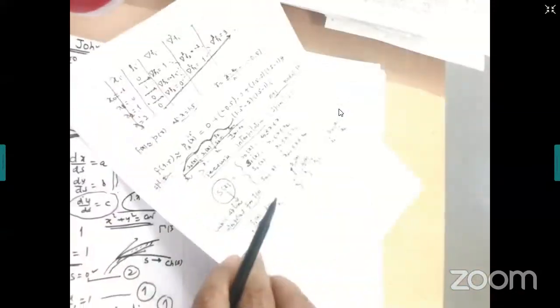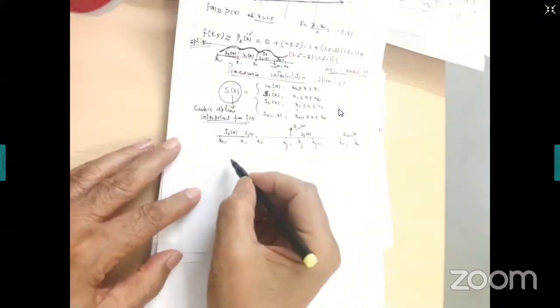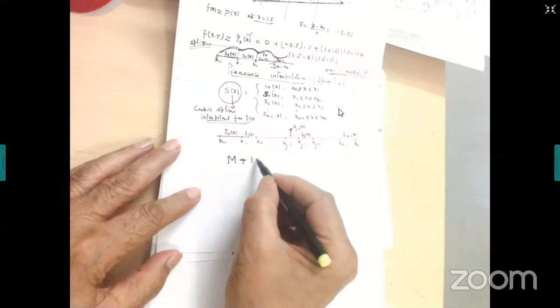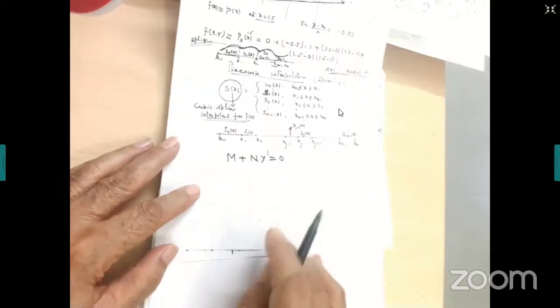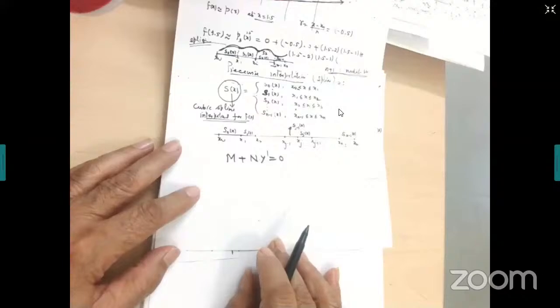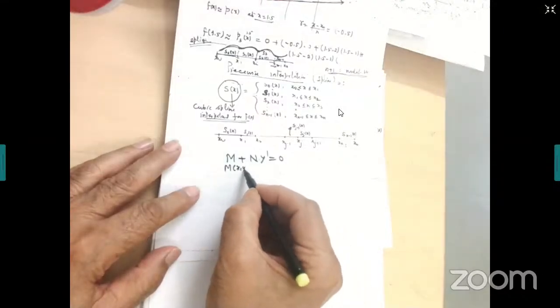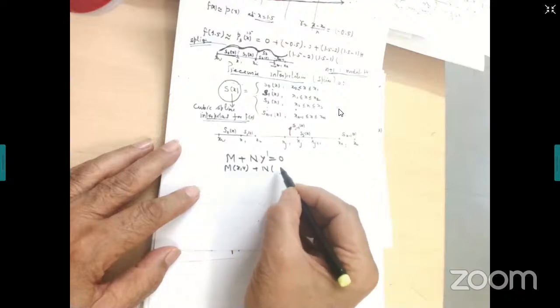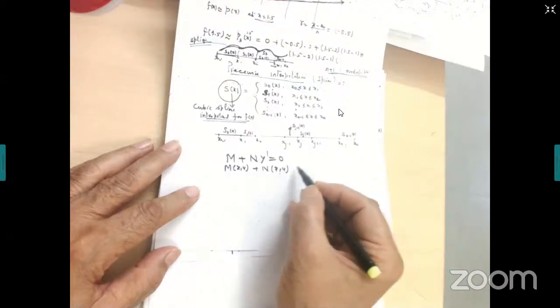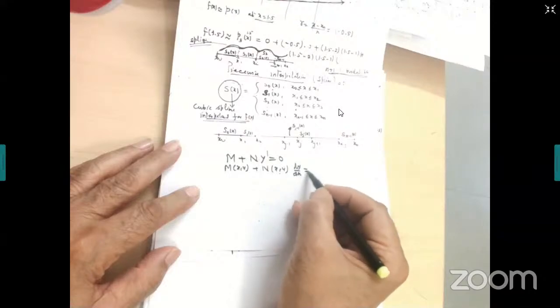So this is very important, what I say. You write this equation, I think yesterday I mentioned it: M plus N y dash is equal to 0, a first order differential equation. That is M, which is a function of x and y, plus N, which is a function of x and y, dy by dx is equal to 0.